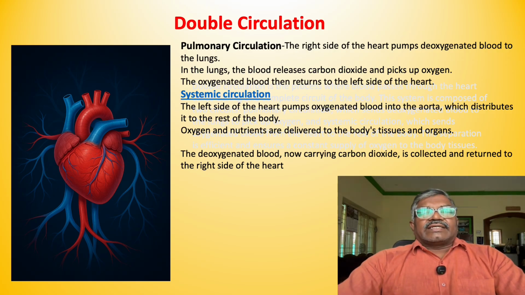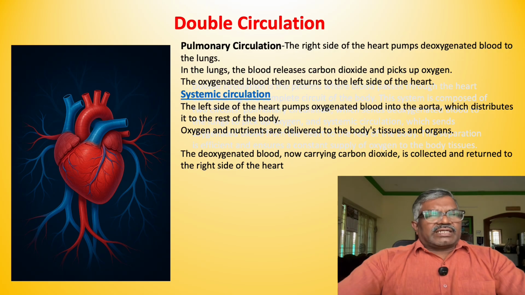Because I said the blood vessels which carry blood to the heart are known as veins. Now both the atria receive blood. Now the heart will pump. So what will happen? Through the valves present between the atrium and ventricle, the blood flows from atrium to ventricle.